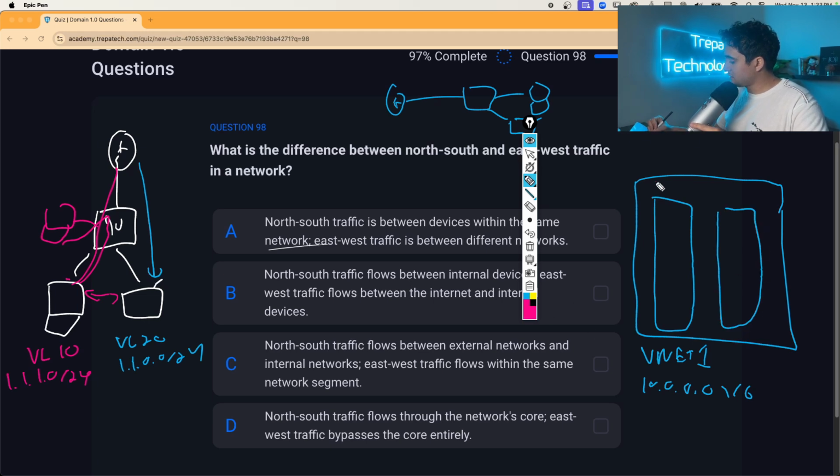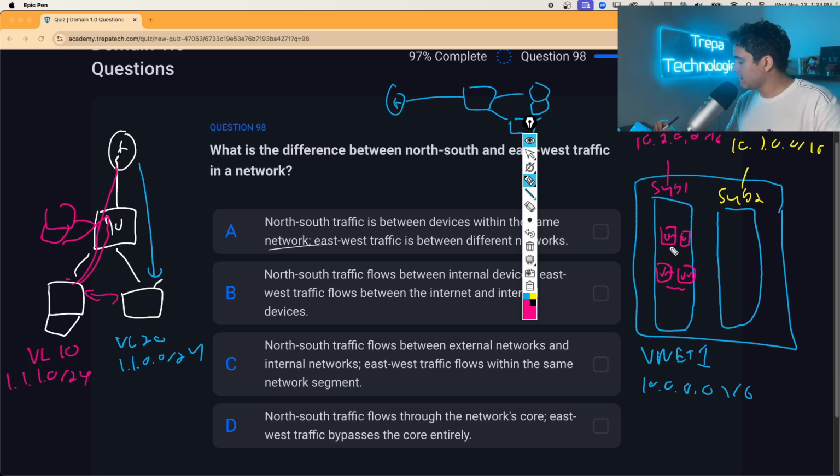This is subnet 1, this is sub 2. This is 10.1.0.0/16, and this is 10.2.0.0/16. I've got VMs within this subnet, and I can apply filtering and different access controls. That's east to west. And even between these, within the VNet, that's east to west.